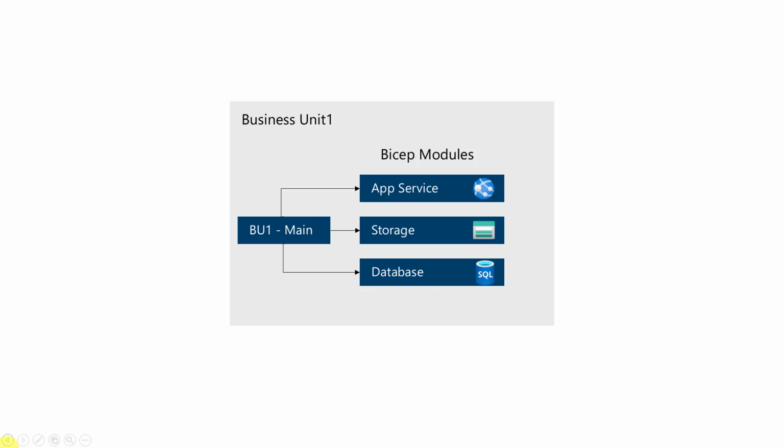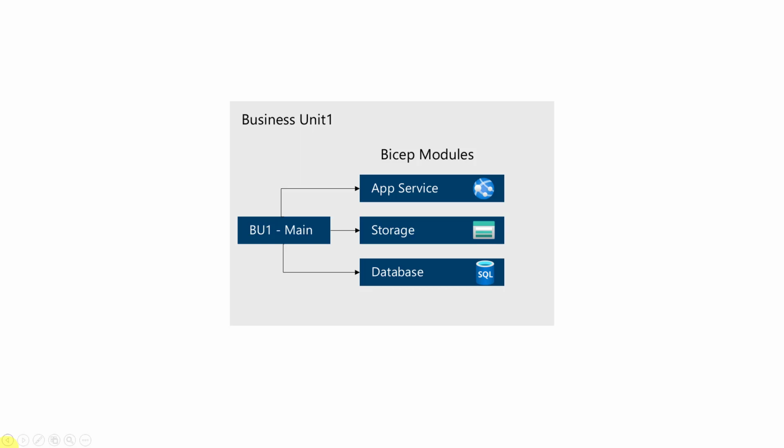These three modules have been created because the request was to create these Azure resources, and these three modules are being invoked from the main file of business unit 1. Now once this module development is complete, you will deploy them and these resources will be created.